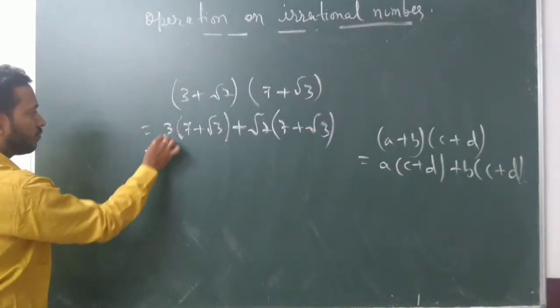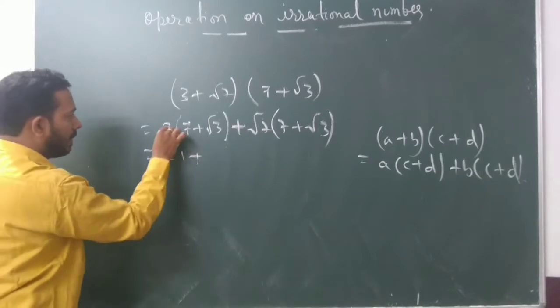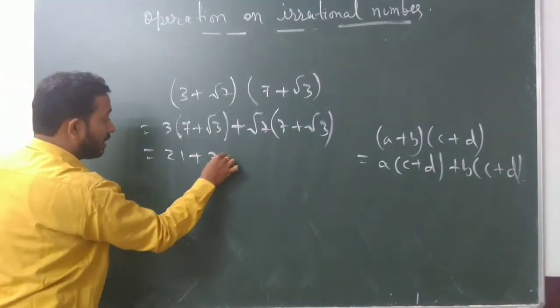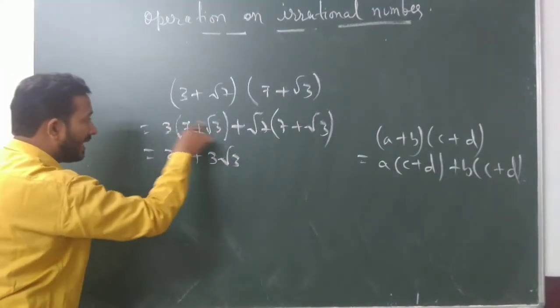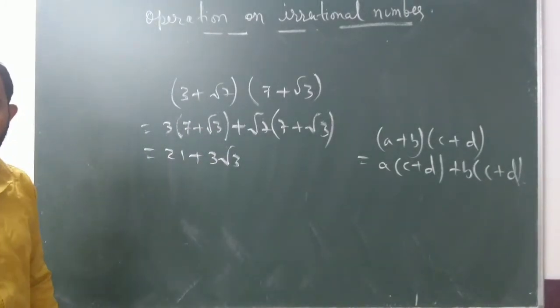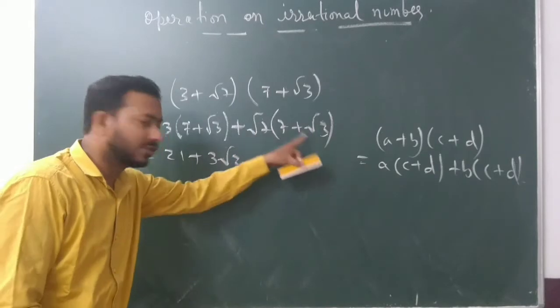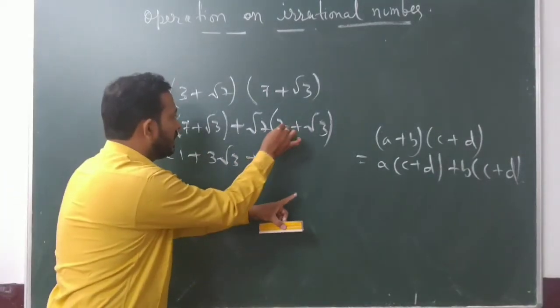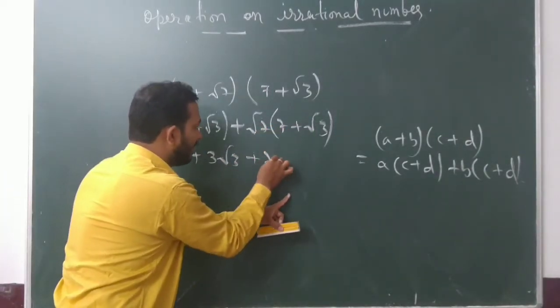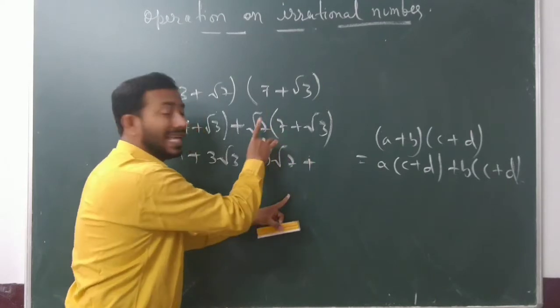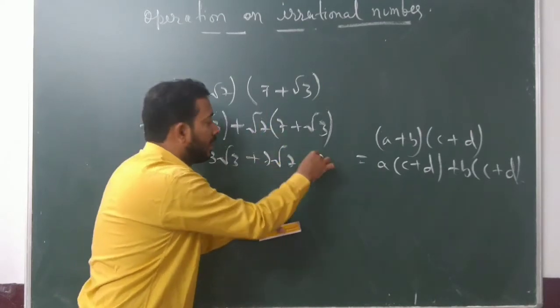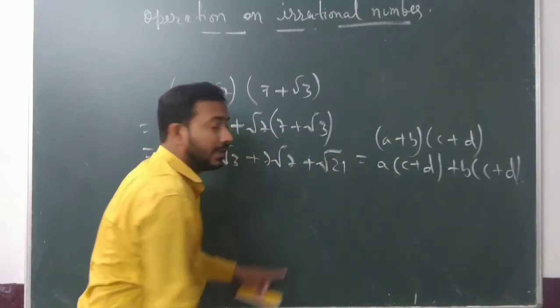Now you multiply here 3 into 7, 21, plus 3 into root 3 will get 3 root 3. You cannot multiply inside and outside parts. If both are inside, then only you can multiply. We'll see in this case: 7 into root 7, 7 root 7. But here 7 root 7 into root 3 will give you root 21. Why?